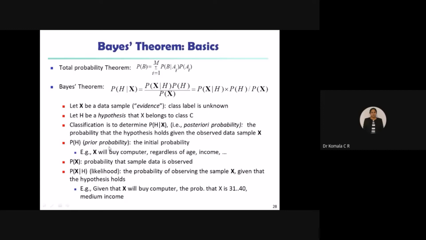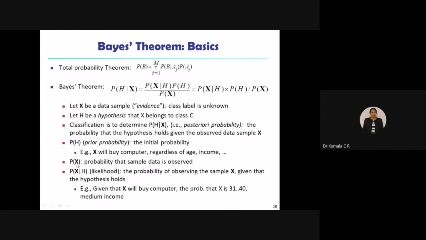It is the prior probability. Understood? In the given example, you can take X as the number of customers who buy the computer. So these three terms, P of X given H, P of H, and P of X, need to be calculated, and then you will be able to find the answer for P of H given X.